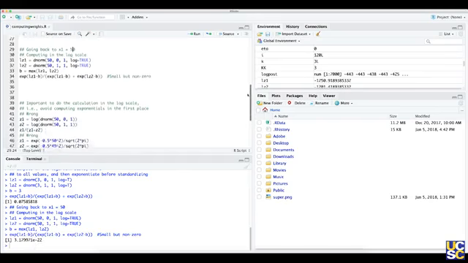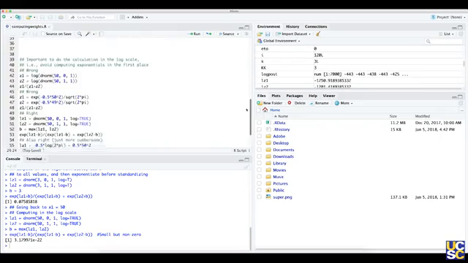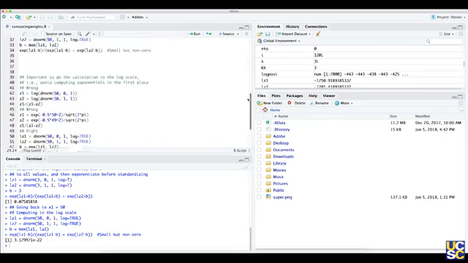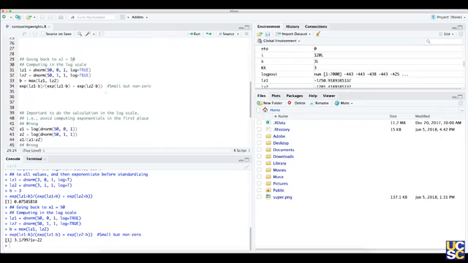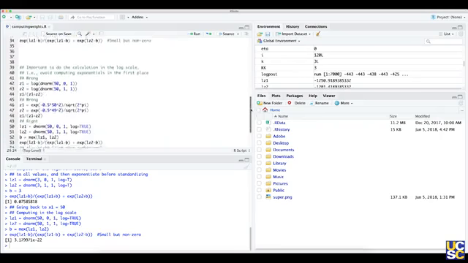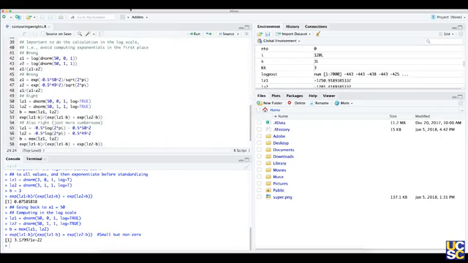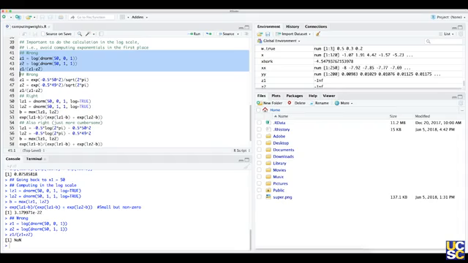Now, one thing to keep in mind is that when we talk about computing in the log scale, it is very important that we do the calculation directly in the log scale. For example, just doing the direct calculation of the dnorm and then taking the log outside is not going to work. Let's do it here. You can see that you get an NaN.